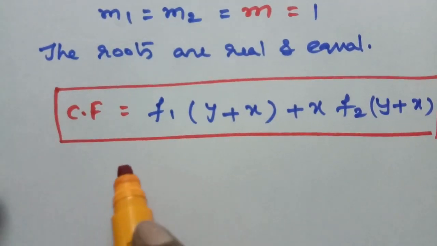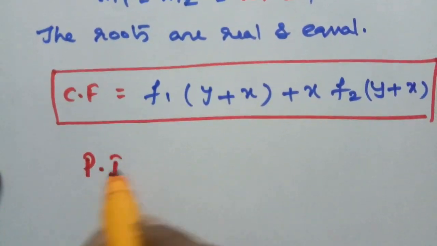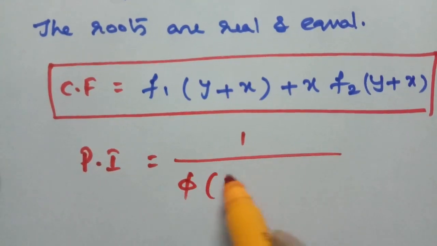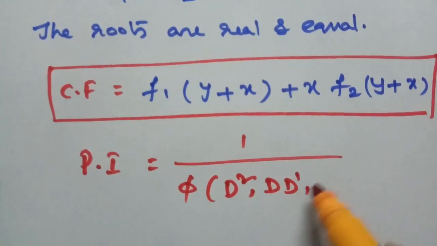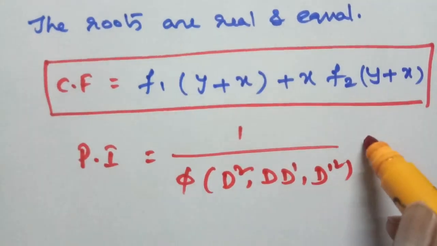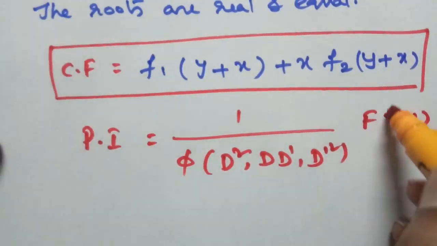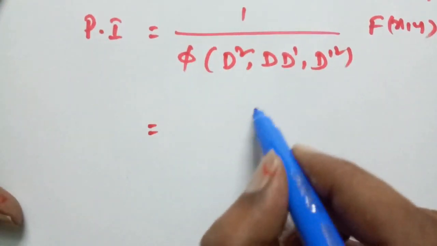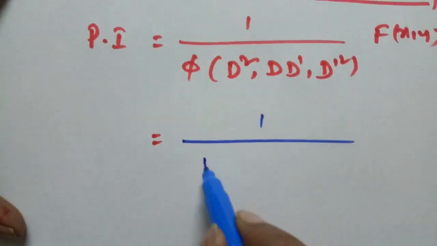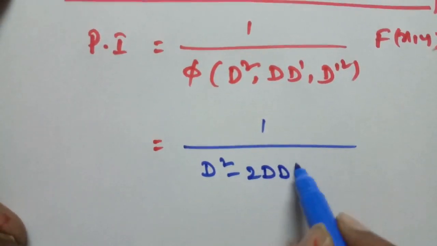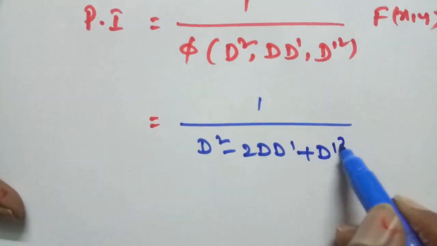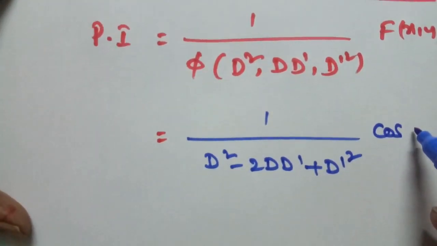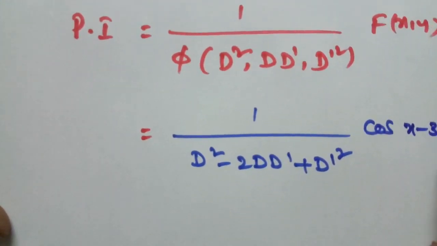Now particular integral PI is equal to 1 by phi of D square, D dash square into f of x comma y. Therefore this is equal to 1 by D square minus 2 D D dash plus D dash square into cos of x minus 3y.